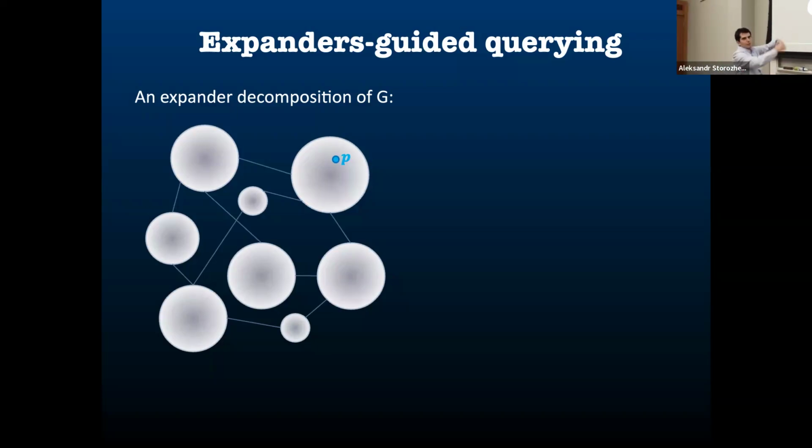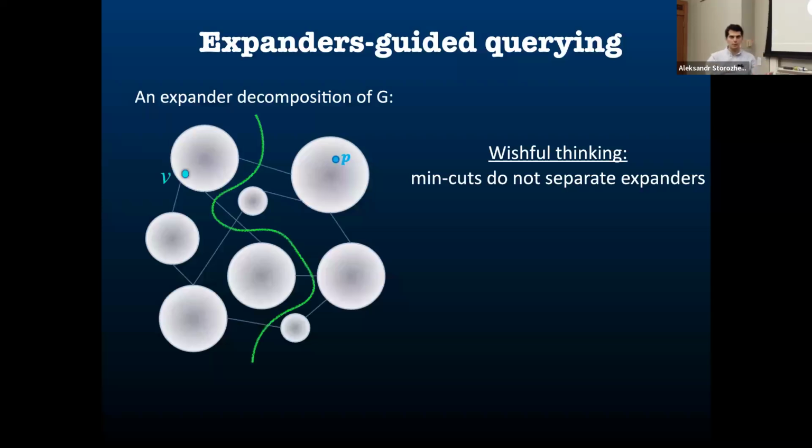So you take your graph, you do this, and now you apply some wishful thinking. You say, expanders are really something I don't want to cut. If I have a minimum cut between P and some other node V, it doesn't make sense to cut an expander. Cutting an expander is relatively dense compared to the outer parts. So the wishful thinking is that all cuts are going to avoid expanders.